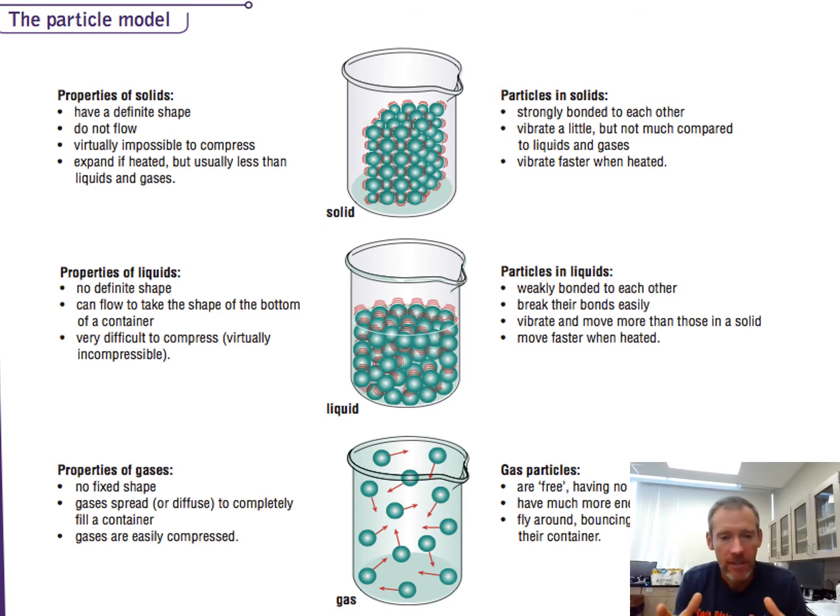They fill the container completely. So if I put a beaker outside on this desk, gas molecules, air molecules will be there. And they can be compressed very easily, meaning I can put pressure onto it and it will take the volume and shrink it.